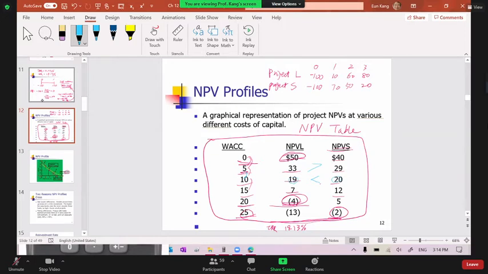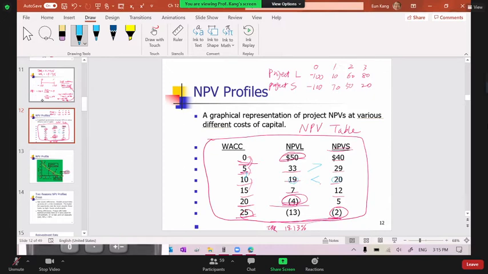So believe it or not, some people just try and error, just enter some discount rate to see how close the net present value of L and the net present value of S are, entering different WACC over and over again. That's a waste of time.